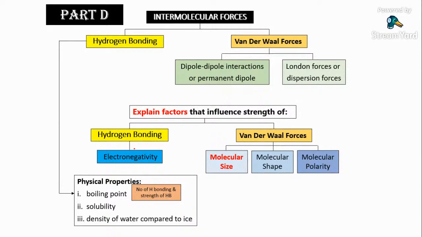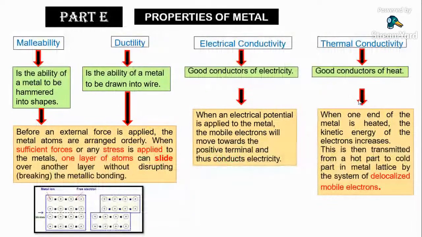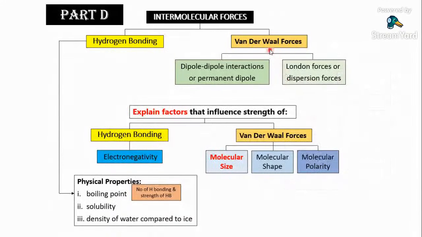Part D, intermolecular forces. For this one, you must know what is hydrogen bond and what is van der Waals force. Under van der Waals force there are two: dipole-dipole interaction, or permanent dipole, for polar molecule, and London forces, or London dispersion forces, for non-polar molecule, and this one exists for polar and non-polar molecule as well.